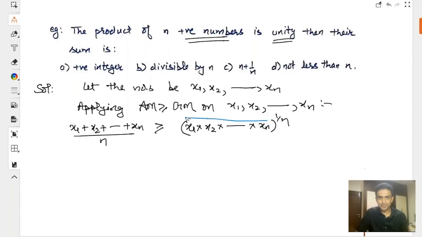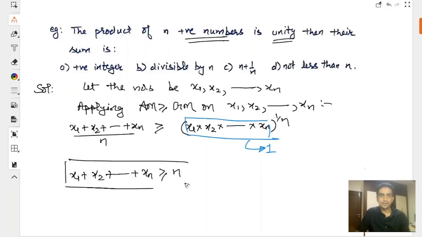Guys, product is given to be 1. So question is done. x1 plus x2 so on to xn is greater than equal to n into 1. So clearly this sum will always be greater than equal to n. That is, the sum cannot be less than n.